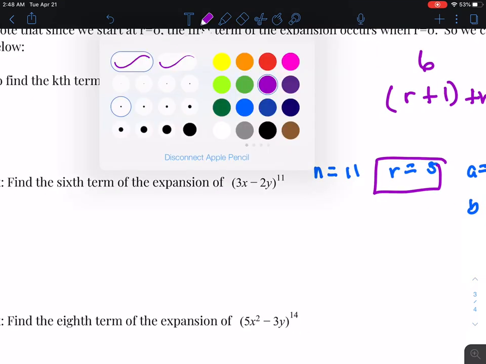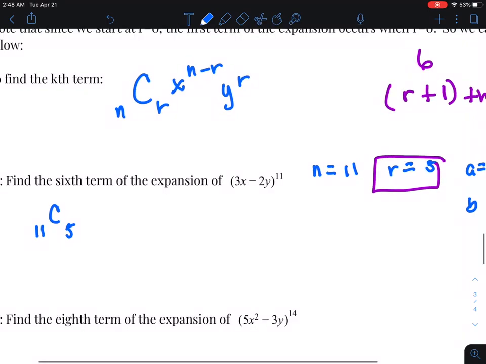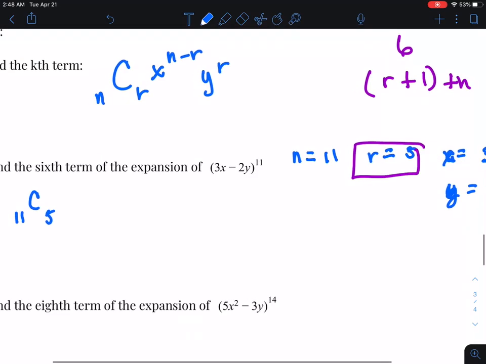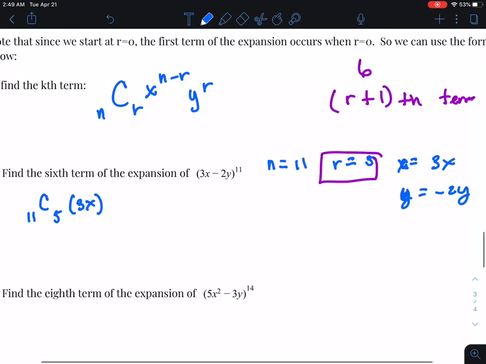So we'll have C, 11 choose 5, x, which is 3x, sorry, to the n minus r, 11 minus 5, y to the 5th.